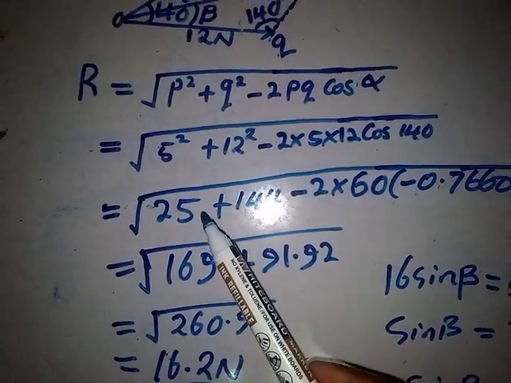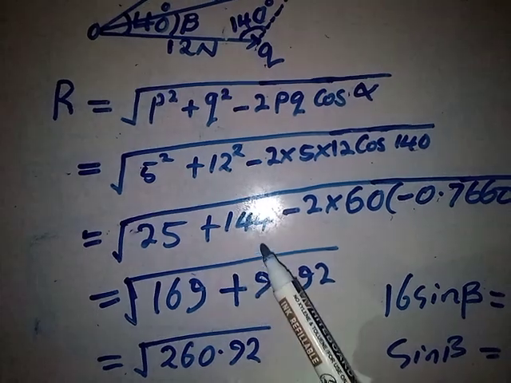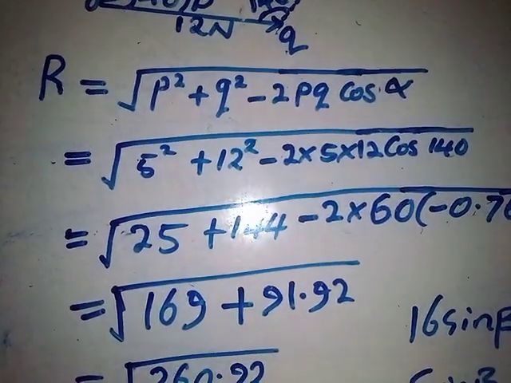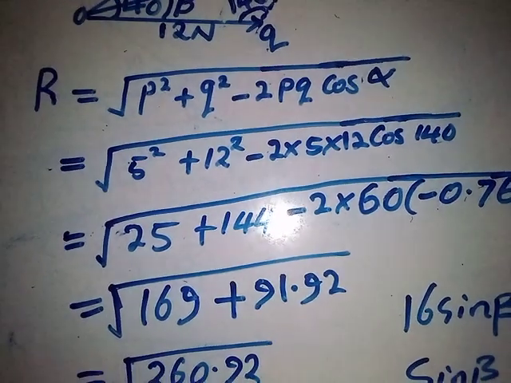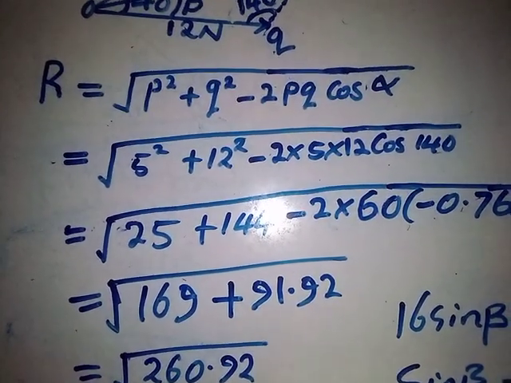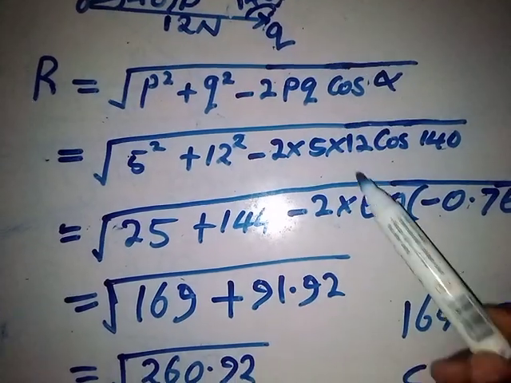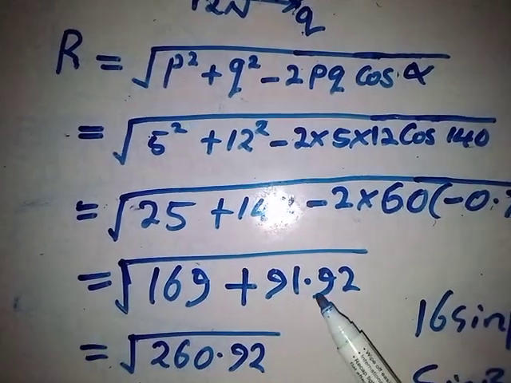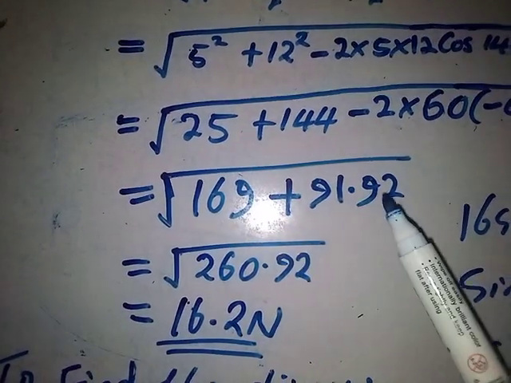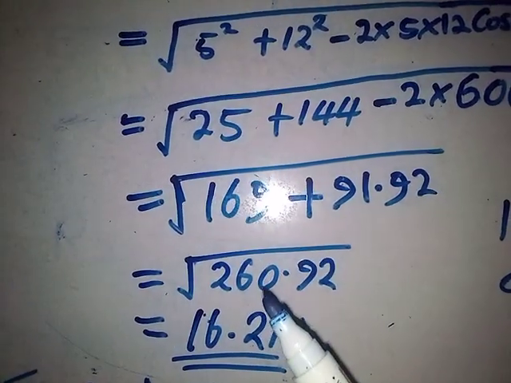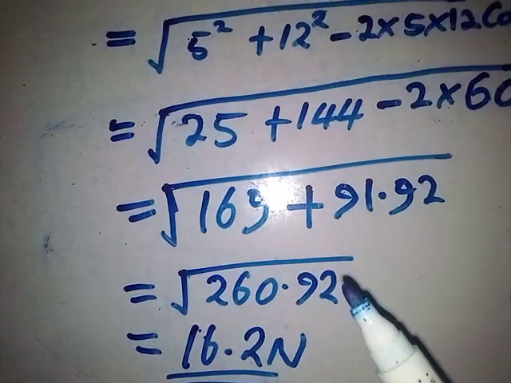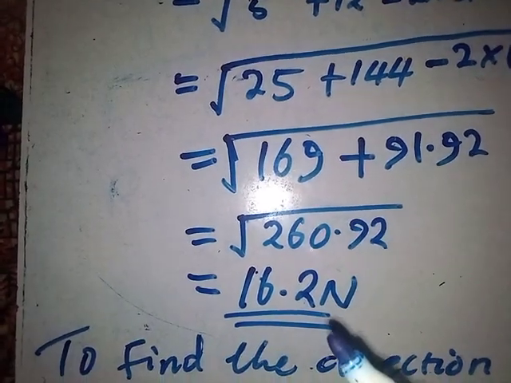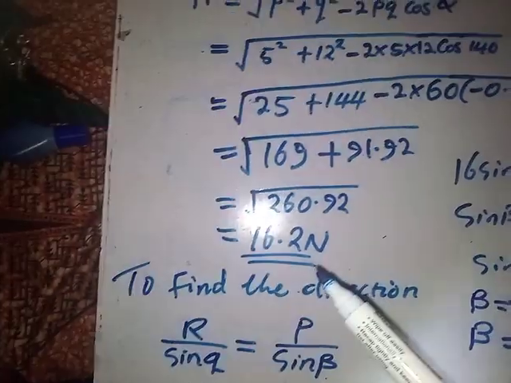So we have 169 plus 91.92. We have plus because minus times minus gives plus. So adding this, we get 260.92, and the square root of this gives us 16.2 Newton. So this is the resultant force.